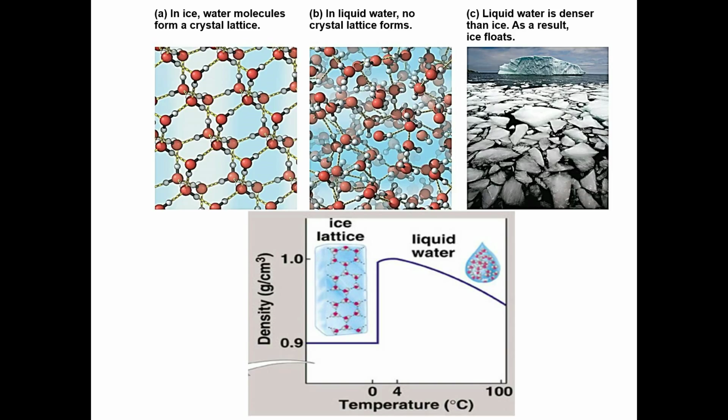So the ability of water as a solid, the fact that it expands as it freezes, is a very unique property. In this case, it becomes less dense as a solid than a liquid, which, in comparison to other substances that form solids, is pretty unique.